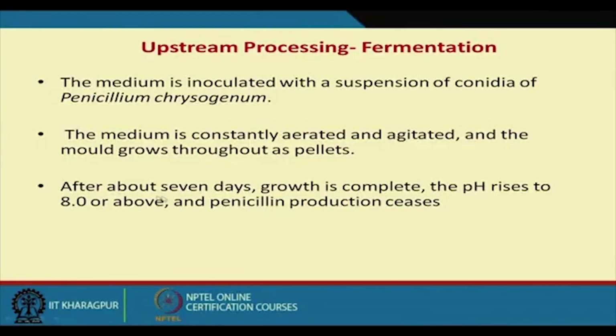After about 7 days, the growth is complete, the pH rises to 8 and above, and penicillin production ceases. Now the question comes: how does the pH increase? The pH increases mostly due to deamination reactions, where ammonia is formed from the protein.